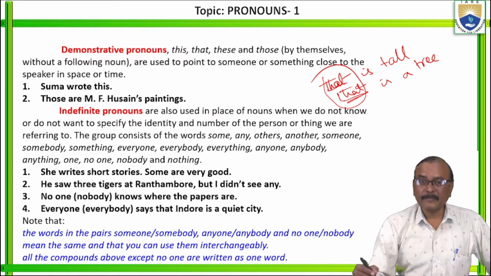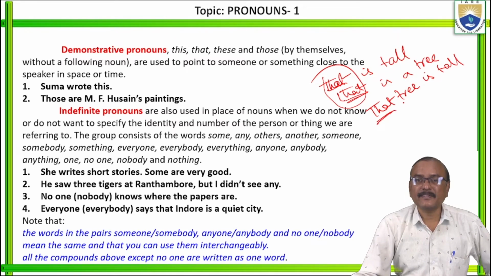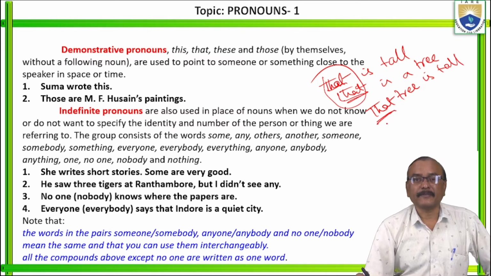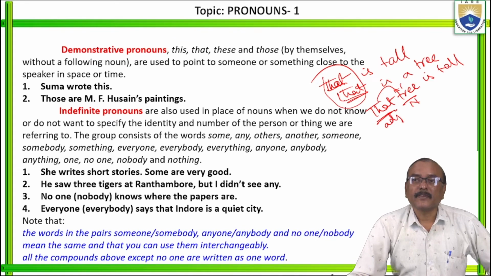But remember, if I say that tree is tall, what do you say this one? This is not a pronoun here. Why? Here tree is a noun, and the word which qualifies this noun is called an adjective. This is an adjective.